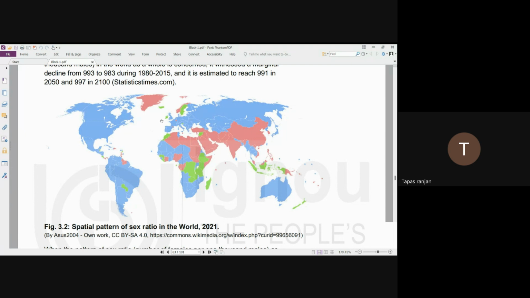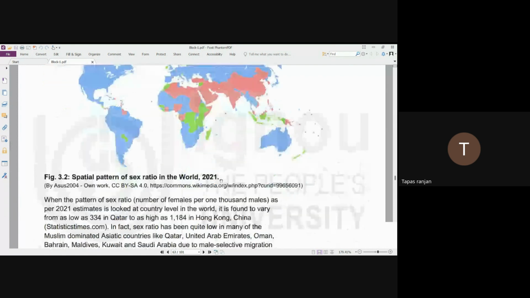So definitely the female population outnumbers the male population there, and in India different measures and different initiatives have been taken by the government so that can actually solve these kind of issues, and hopefully in near future we can achieve that kind of sex ratio just like in developed countries. Okay.